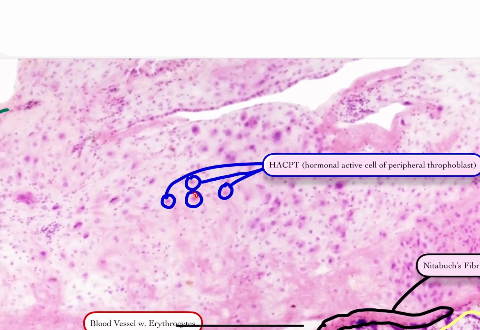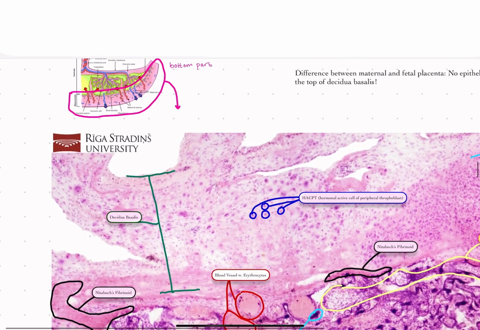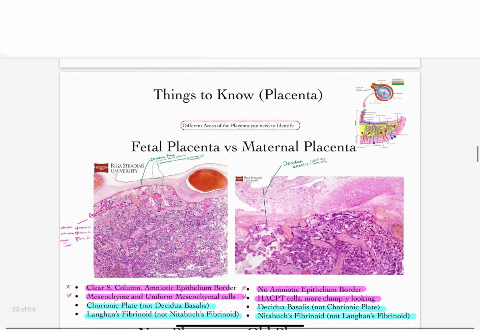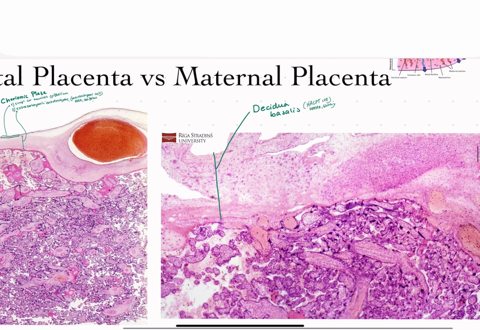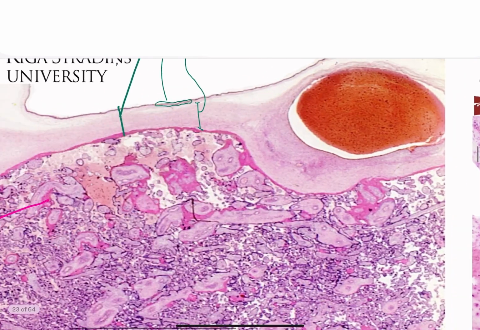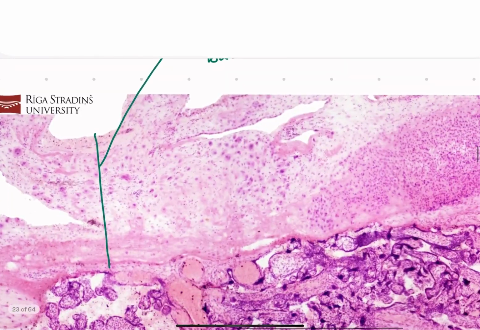They are larger at points, smaller at points. Again, very blotchy, I would say, very uneven compared to the mesenchyme of the fetal placenta. The maternal placenta is very much rough. It looks like if you touch it, it will look a lot bumpier than this, right? It looks like it's covered with acne, sort of.